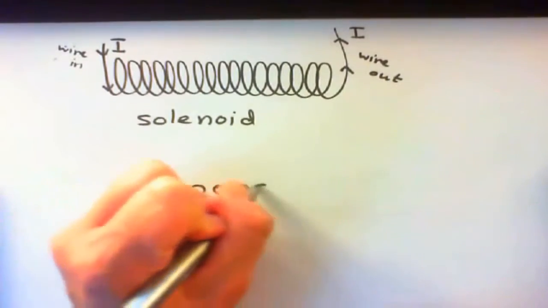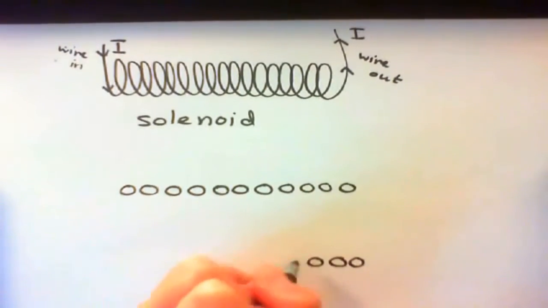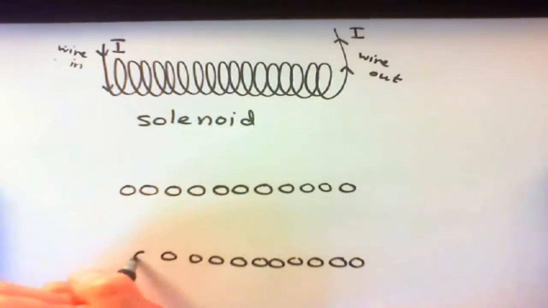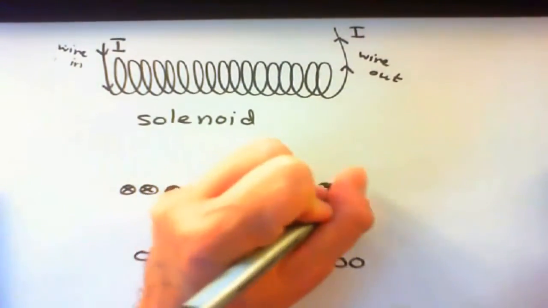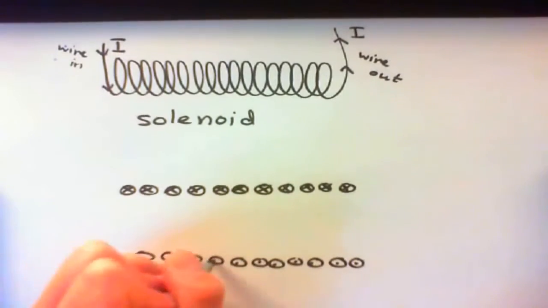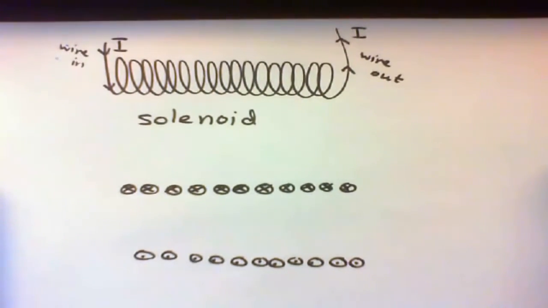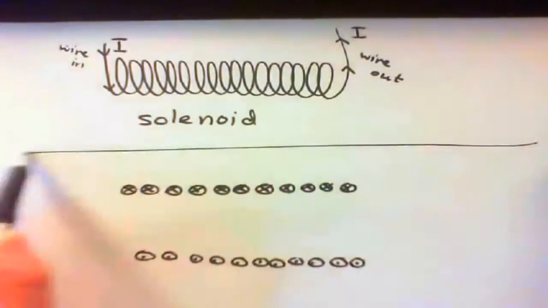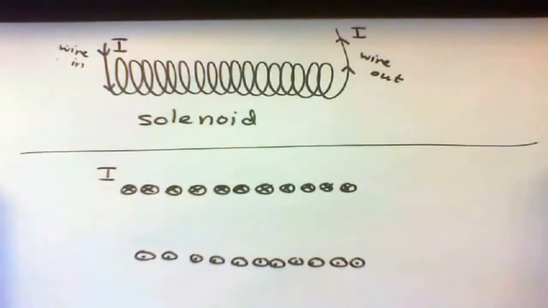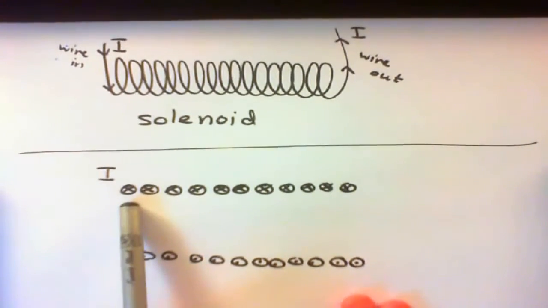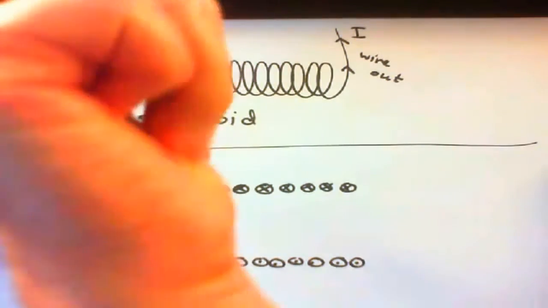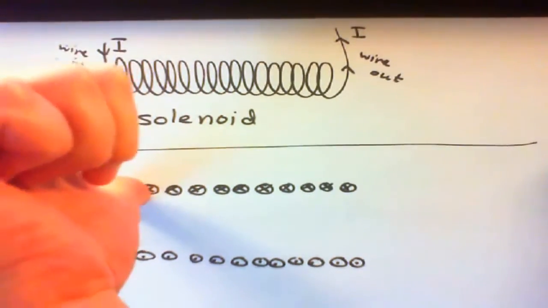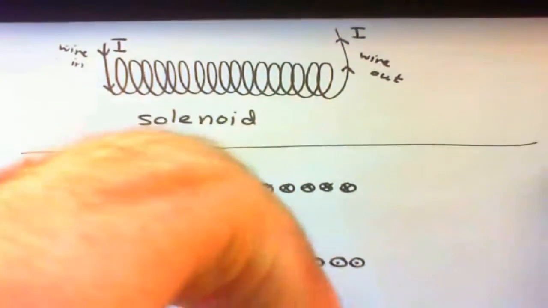Let's see what would happen if we have current flowing into the page on the top layer of the solenoid and current flowing out of the page on the bottom side of the solenoid. If we have that, well, let's see. Let's think about the piece of wire all the way on the left at the top. And we'll use our right-hand rule to figure out what the magnetic field would be like inside the solenoid. So we point our thumb in the direction of the current, and then we put our fingers at the location of interest.